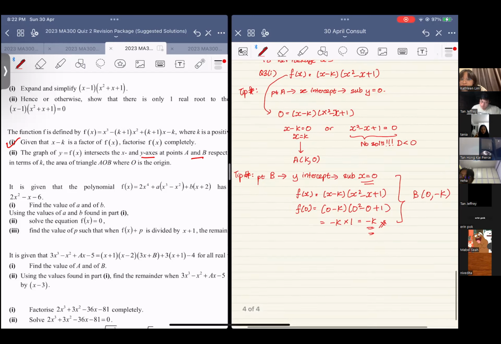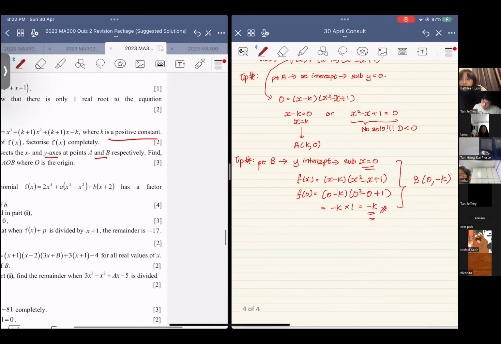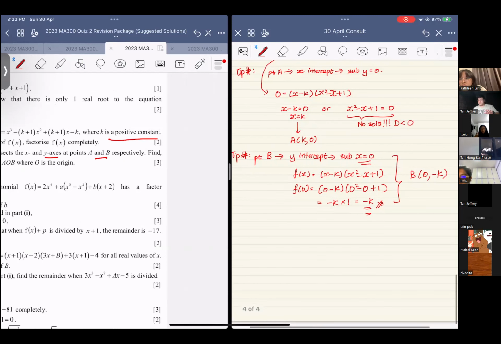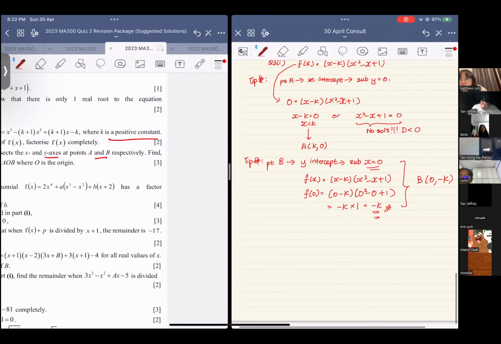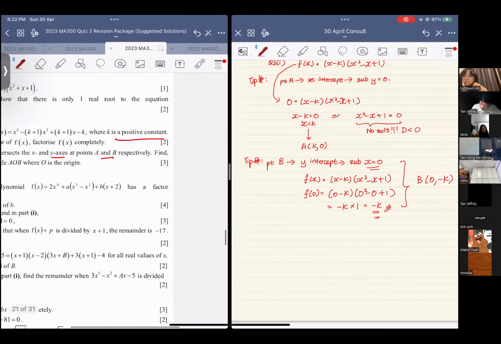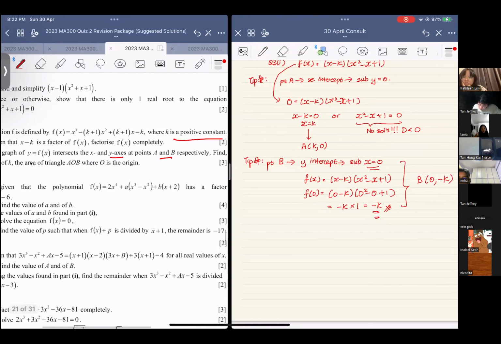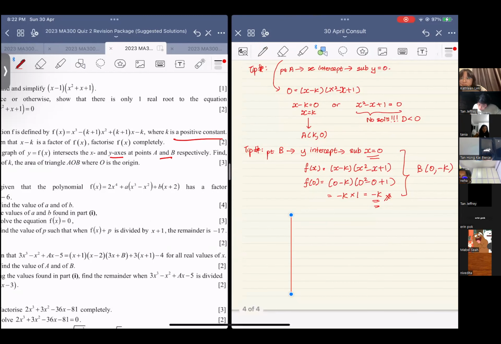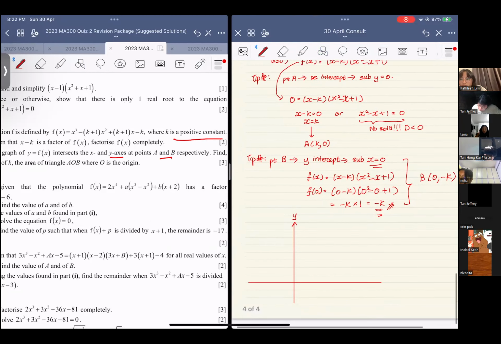After that, you know that k is a positive constant. Just by absorbing this information, you can sort of draw it out. This is my y-axis, this is my x-axis.